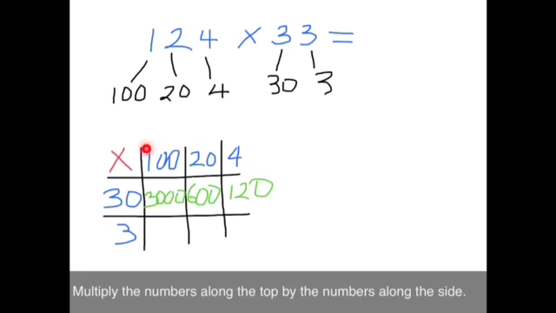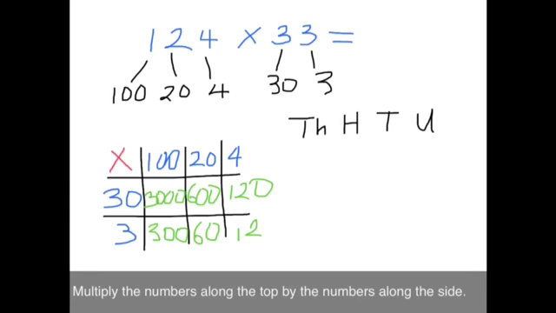Now 100 multiplied by 3, which gives you 300. And 20 multiplied by 3, which gives you 60. And 4 multiplied by 3, which gives you 12.